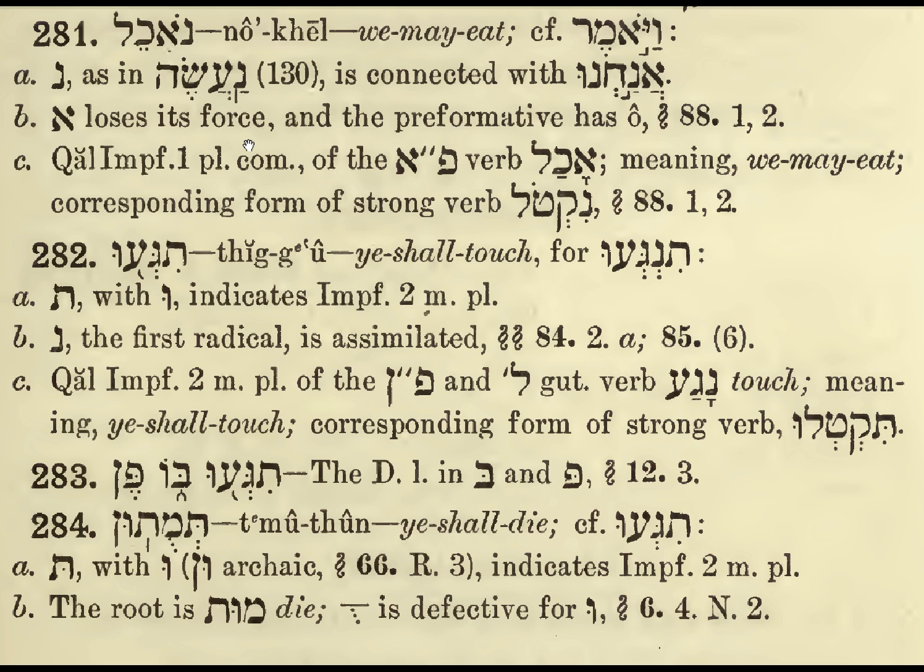Nochel, the aleph has lost its force, and the preformative has o. It's kal, imperfect, first person plural, common gender. Pe aleph verb, the verb being achal, meaning we may eat. And it corresponds to the strong verb form niktol.